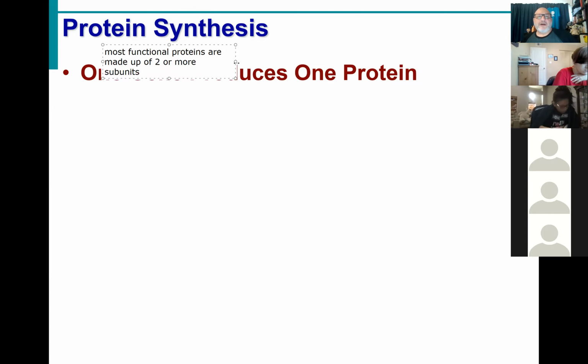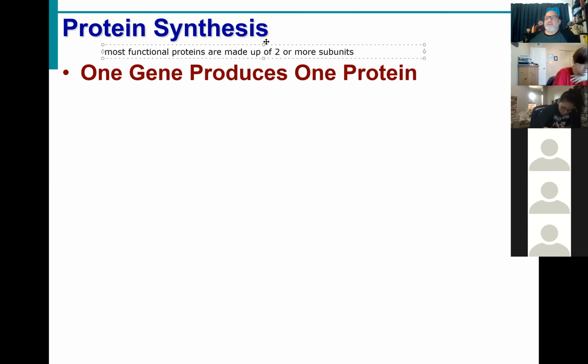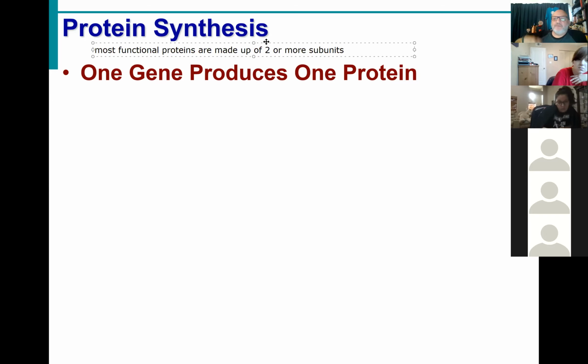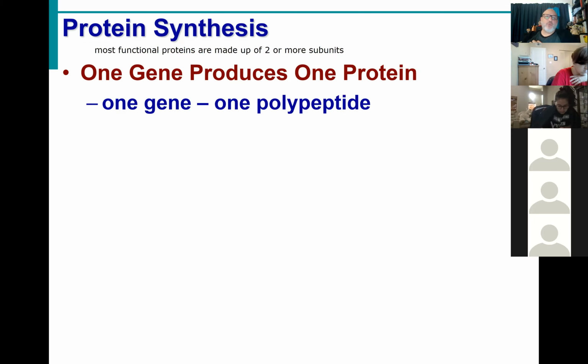So remember, we saw how collagen is made up of 3 linear subunits. Hemoglobin is made up of 4 subunits, 2 alpha subunits and 2 beta subunits that come together to make our hemoglobin. So it's actually more accurate to say that one gene gives us one sequence of amino acids, one polypeptide. And then we take multiples of those polypeptides and put them together into functional proteins.